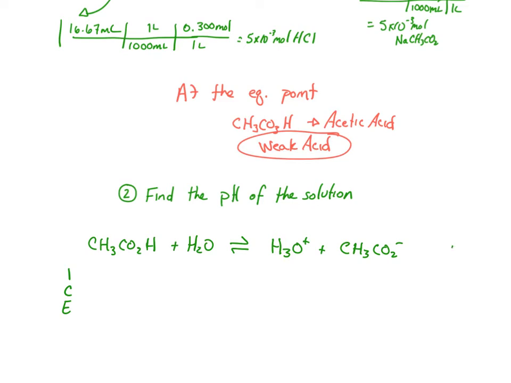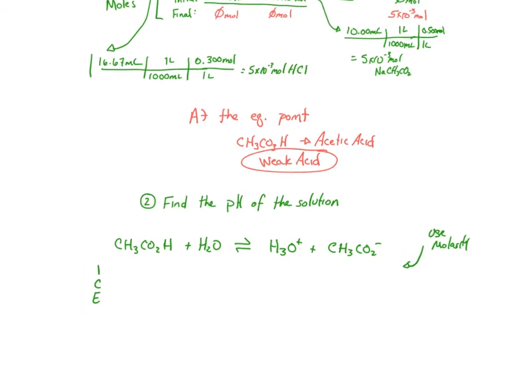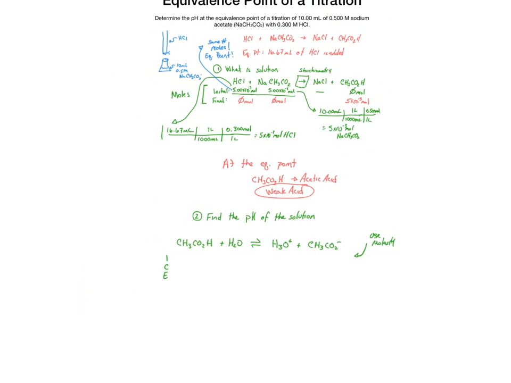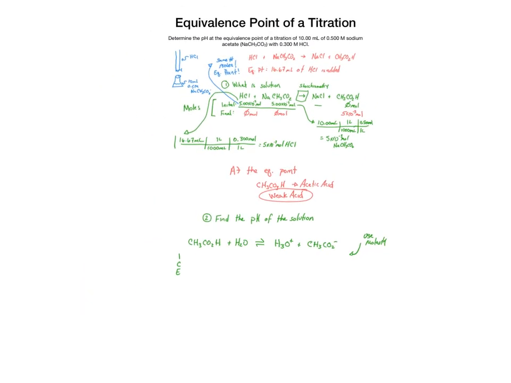Now, in ice tables, we use molarity, which means that I am going to have to find the molarity of the acetic acid in our solution. So I'm going to zoom back out and make sure I know what we have. Okay, so we have 5 times 10 to the minus 3 moles divided by a volume.